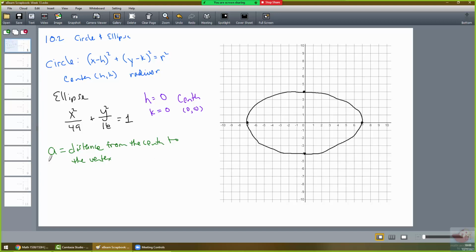Your vertices are the endpoints of the longer part of the ellipse. So we have a vertex here at (7, 0). And we have another vertex here at (-7, 0). Because our center is at (0, 0) and one of the vertices is at (7, 0), that means the value for a is 7.